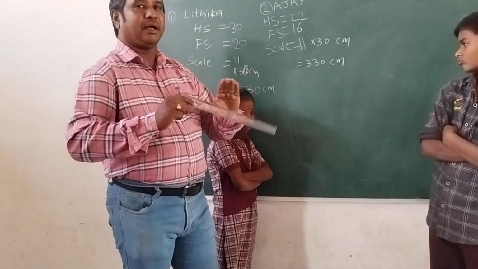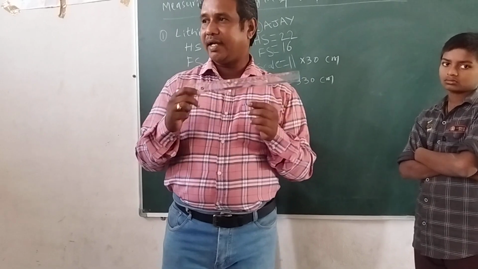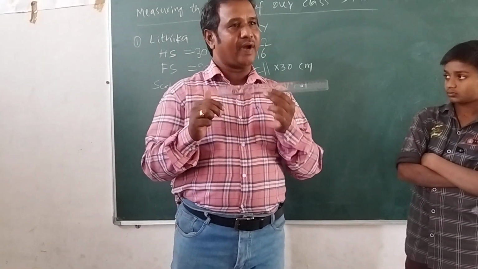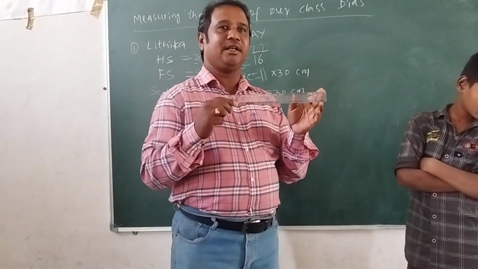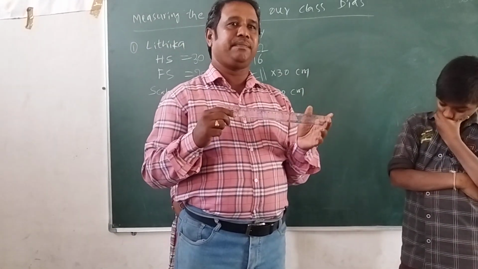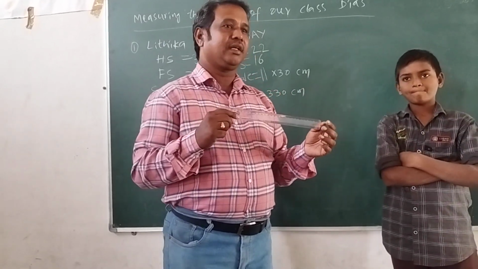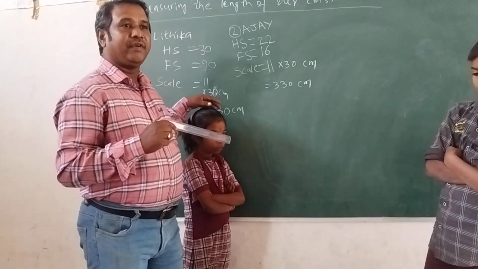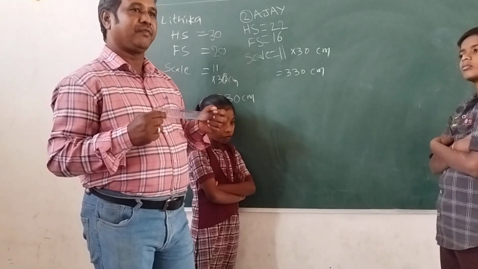So that is why in the measurement chapter we are using standard instruments, standard devices, to get accurate values. Suppose you don't have the scale, and you go to the shop and purchase cloth. Suppose you take from Litika, what happens? We would have paid more for the cloth.